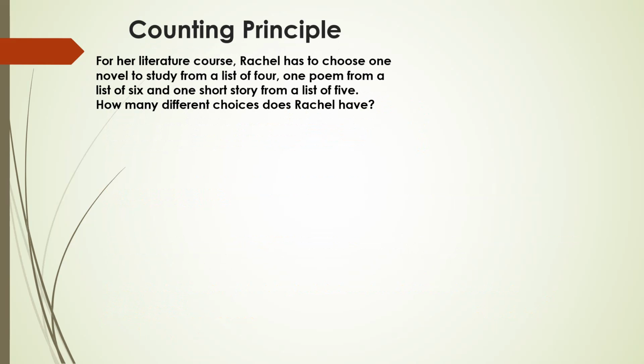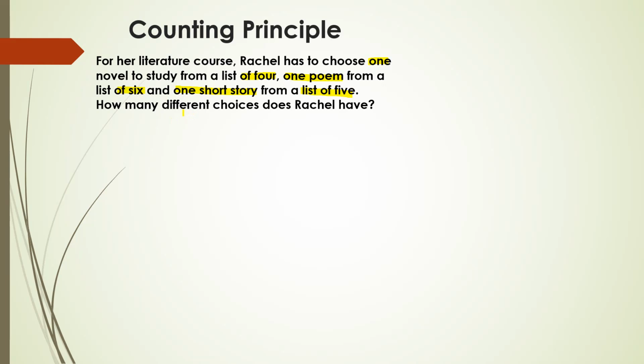For her literature course, Rachel has to choose 1 novel to study from a list of 4. So she has 4 books to choose from. She must choose 1 of 4 books. Okay? 1 poem, she must choose 1 poem from a list of 6, and 1 short story from a list of 5.